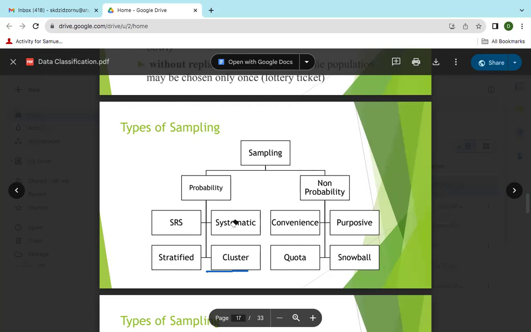Systematic sampling, we randomly identify an initial starting point, followed by successive selection based on a defined interval count. So every kth element we select, and you know the process. Cluster sampling, we talk about homogeneity and heterogeneity. And then stratified sampling, we sample based on proportions. So non-probability sampling, we have what?